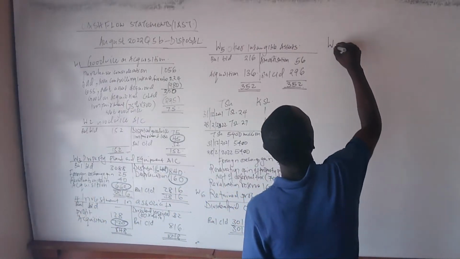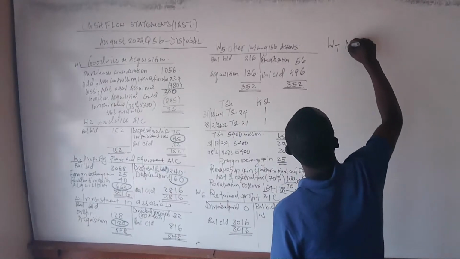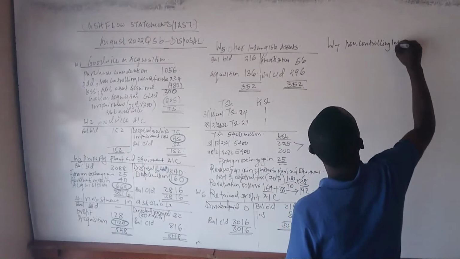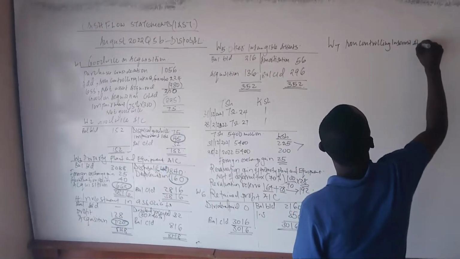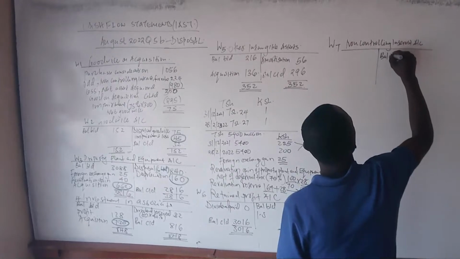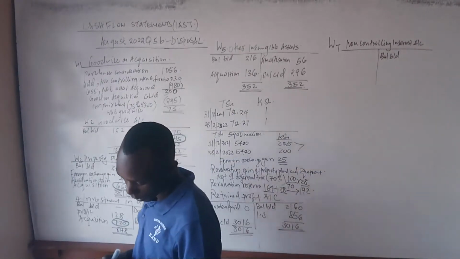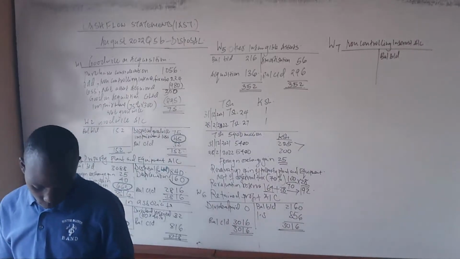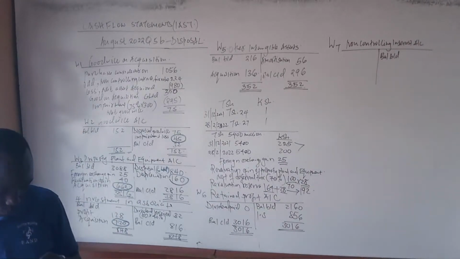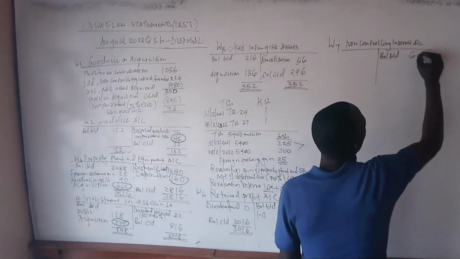Then we go to working number 7, which is the non-controlling interest account. We open the account again. Give me the balance brought down. At the beginning, we had 680.